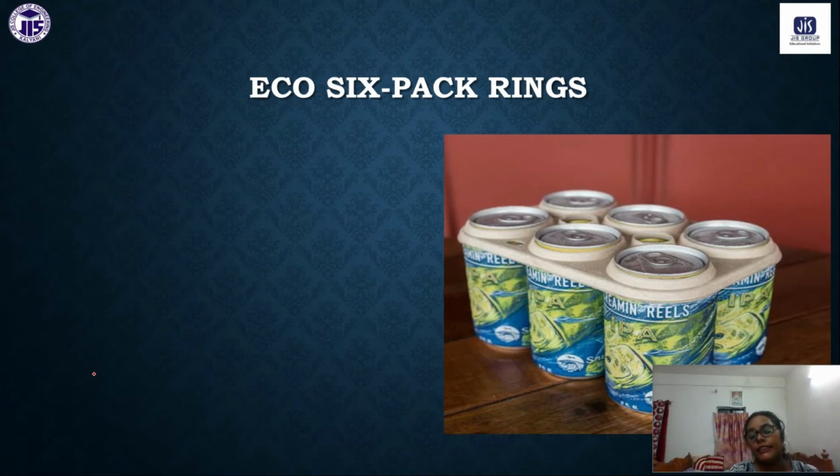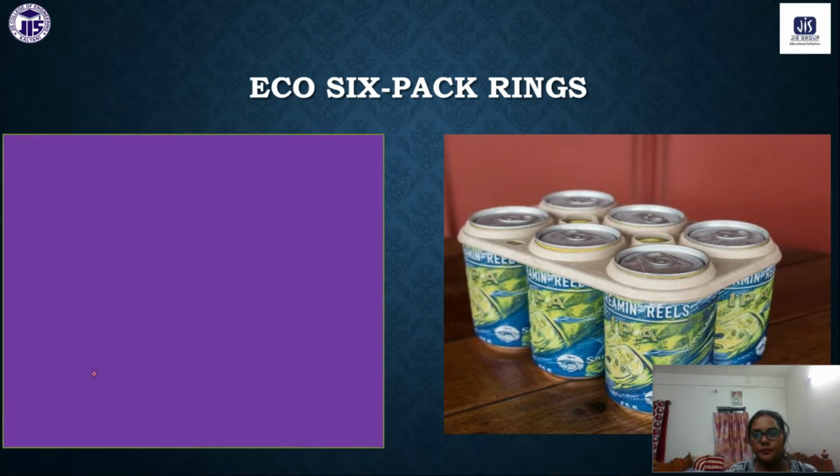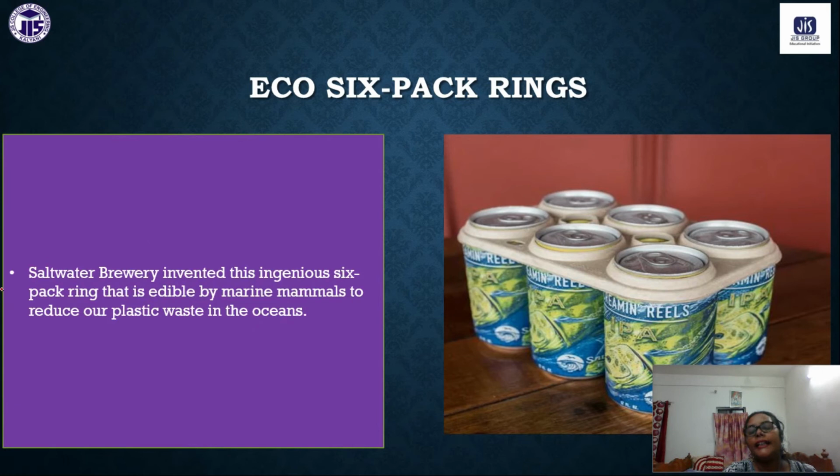Yeah, this is the eco six-pack drinks. You can see these cans are eco-friendly. Saltwater Brewery invented this ingenious six-pack ring that is edible by marine mammals to reduce our plastic waste.